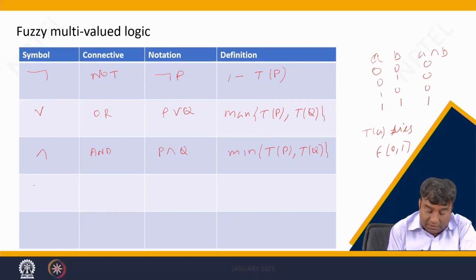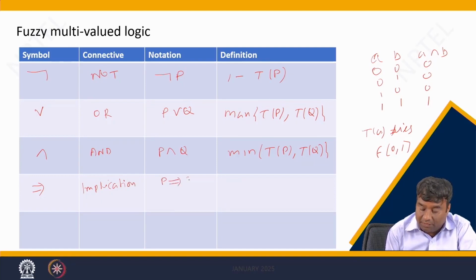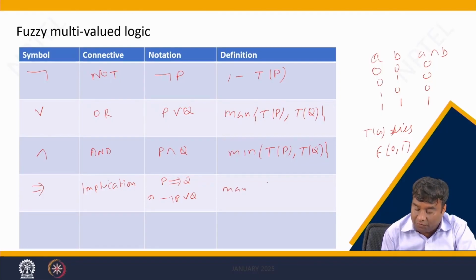Next, this is known as implication. It is written as P imply Q, or not P or Q. So that is the maximum of 1 minus TP and TQ.